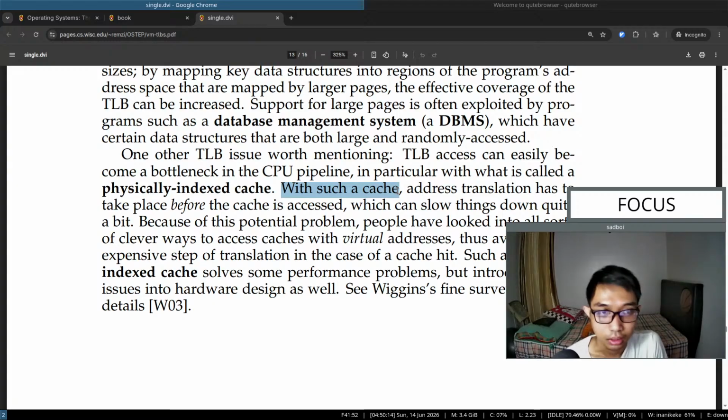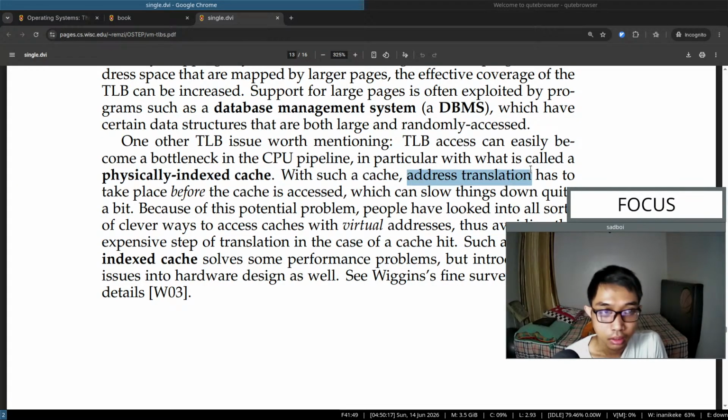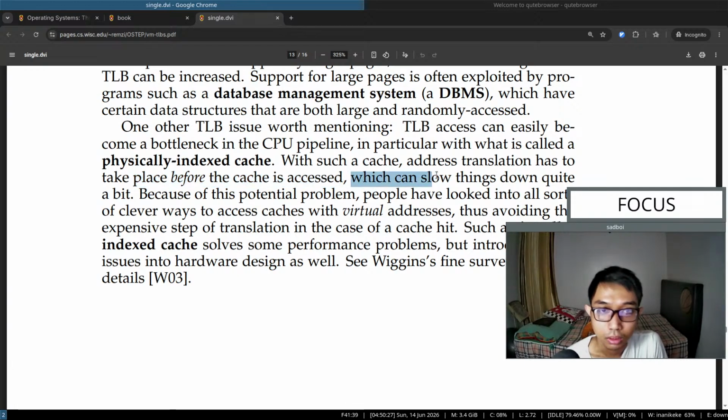With such a cache, address translation has to take place before the cache is accessed, which can slow things down quite a bit.